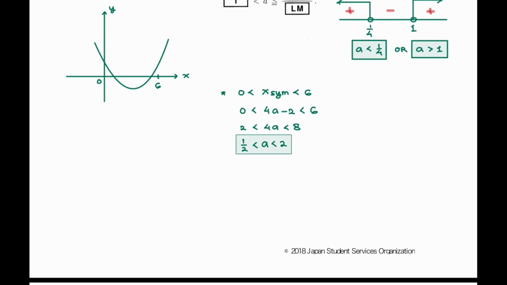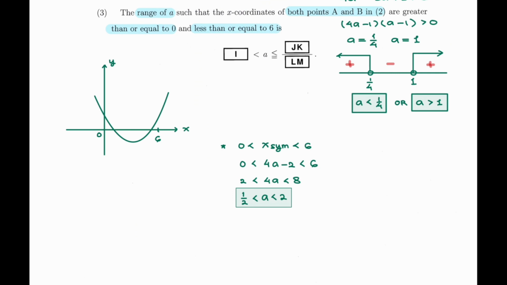And then the next condition is, if you see from this illustration, our value of y when x equals 0 and our value of y when x equals 6 must be greater than or equal to 0.